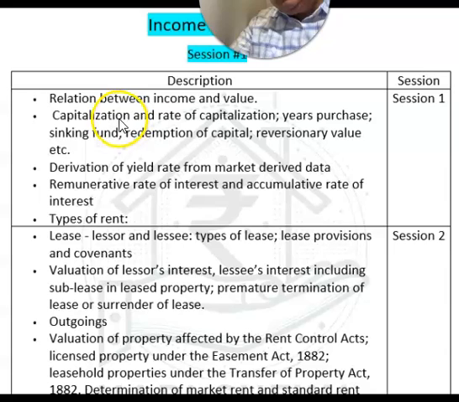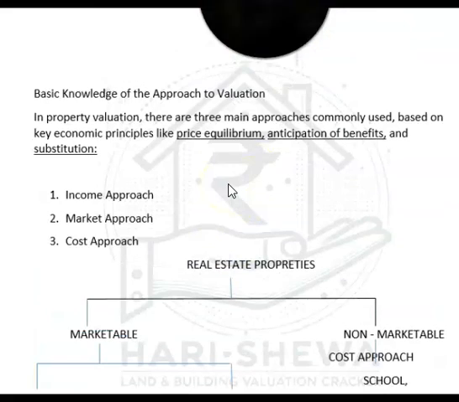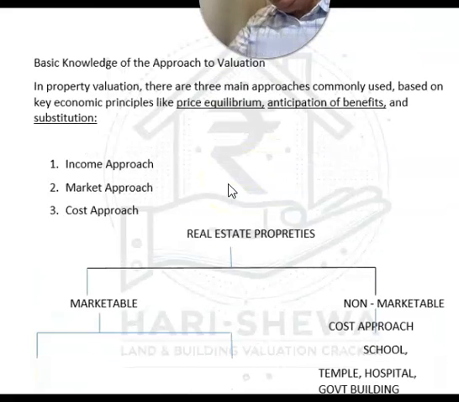In the first session, we will learn the relation between income and value, capitalization and rate of capitalization, year purchase, sinking fund, redemption of capital, reversionary value, derivation of yield rate, remunerative rate of interest, accumulative rate of interest, and types of rent. So let us start session 1.